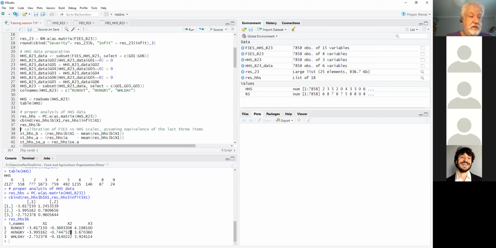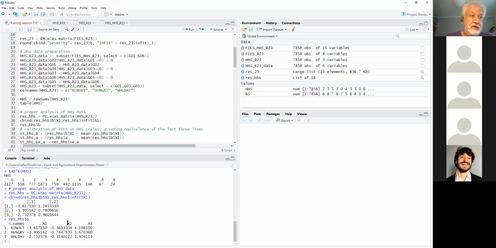This is because when you have a graded response, there is a probability of responding yes to the first frequency, or to the second, or to the third. So we can estimate a different number of thresholds.